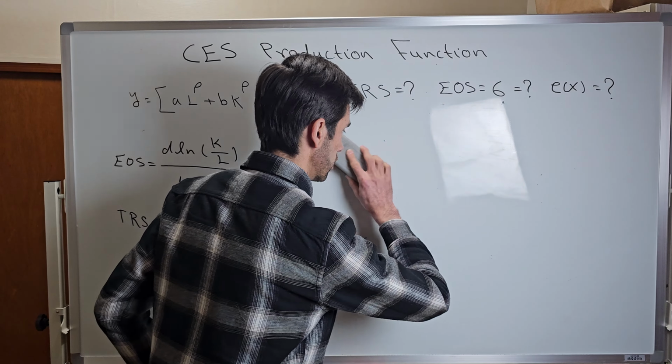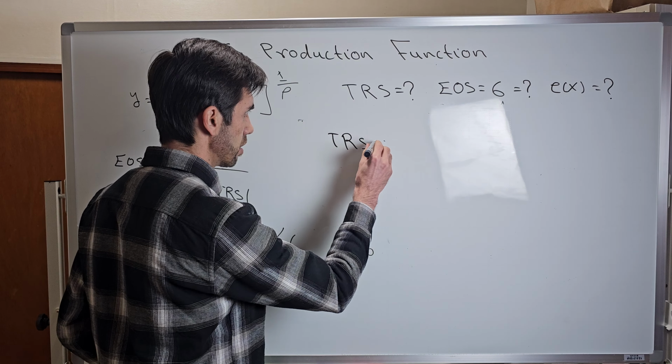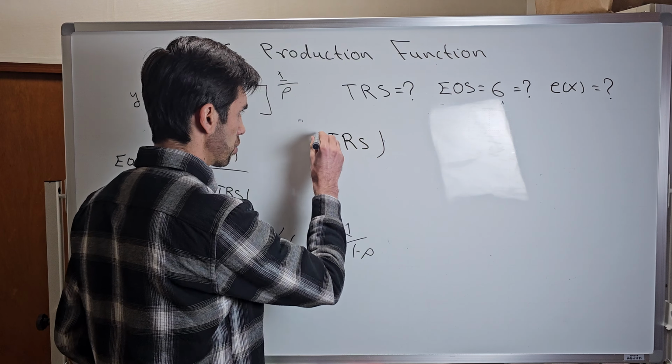So then, when we raise up both sides with this power, we will have the technical rate of substitution to the power of 1 divided by 1 minus rho, and this side is equal to K to the power of L. So now is the time to take the natural log of both terms.